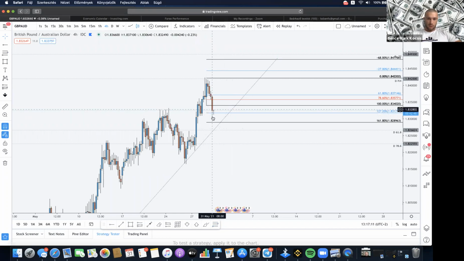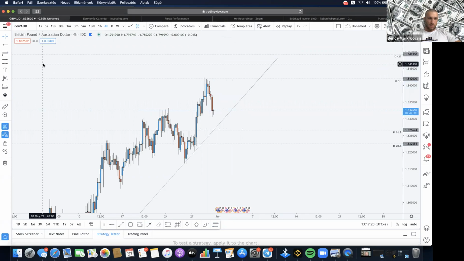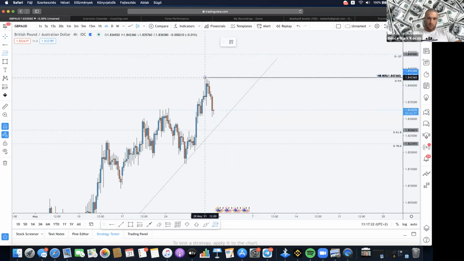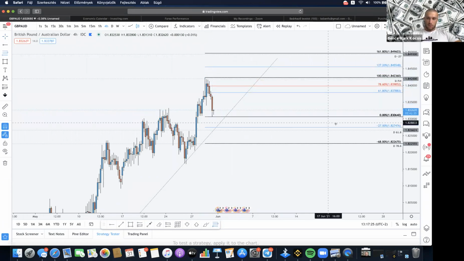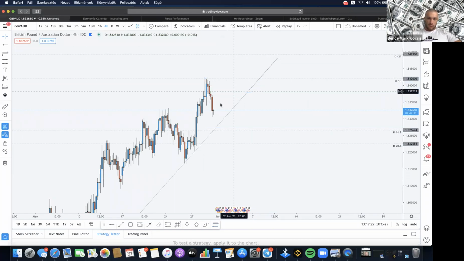Looks like the price pushed a bit lower, so possibly it took out the liquidity. And if the first green candle closes, we can put the Fibo from high to low, and probably we'll see the minus 27. It's really close to the 61.80. So at this point, I'm waiting a little bit for a push to the upside before it continues lower.